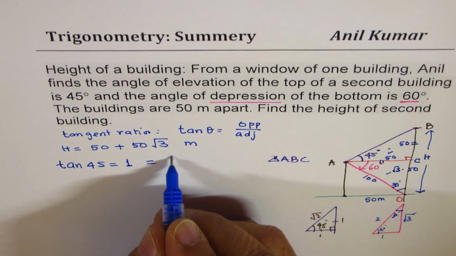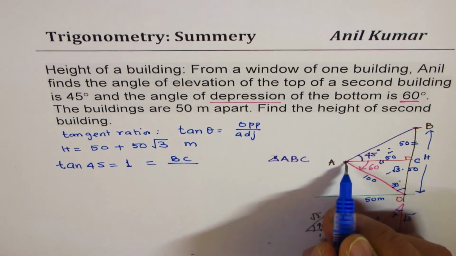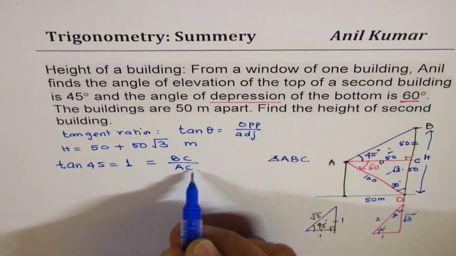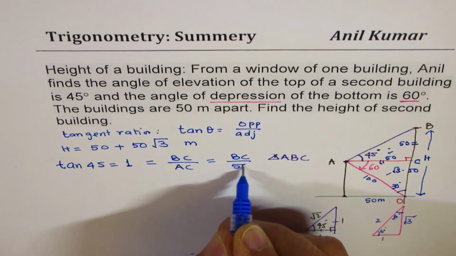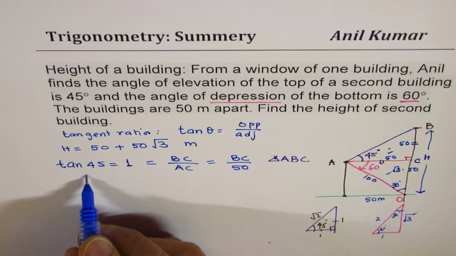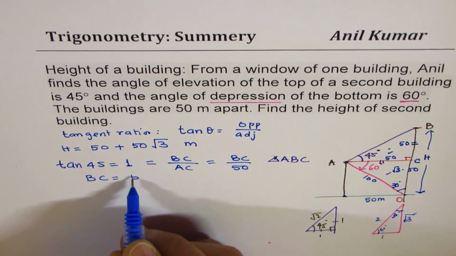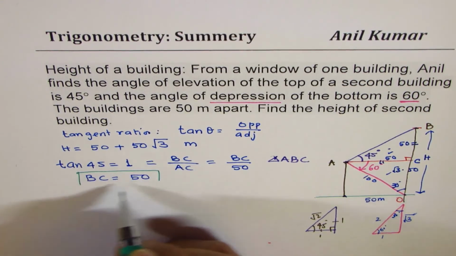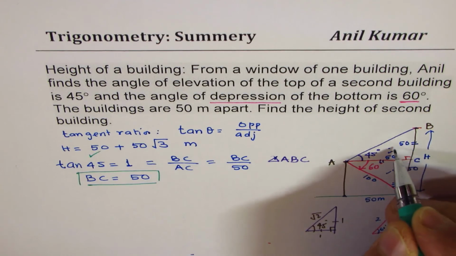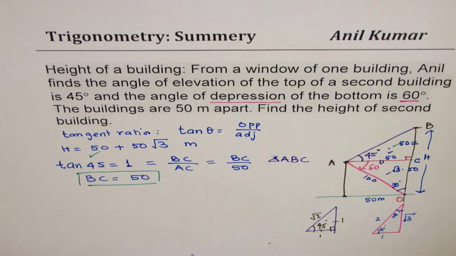The opposite side is BC divided by the adjacent side AC, and we know AC is 50. So I can write this as BC over 50, and by cross multiplying, BC equals 50. Got it? So we get one side 50, which we had already worked out earlier.